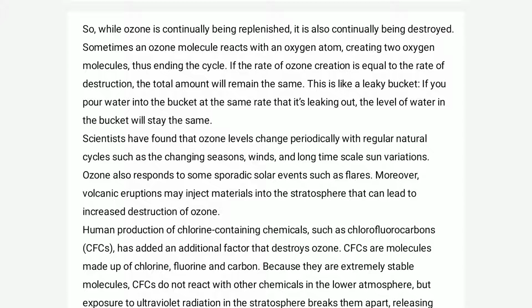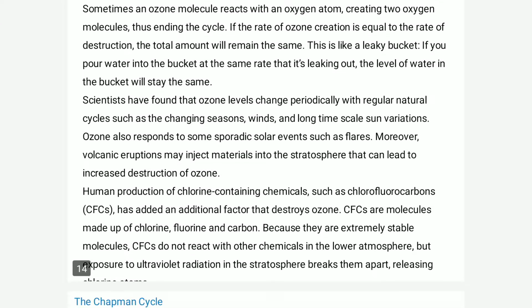Scientists have found that ozone levels change periodically with regular natural cycles such as changing seasons, winds, and long time scale sun variations. Ozone also responds to some sporadic solar events such as flares. Moreover, volcanic eruptions may inject materials into the stratosphere, which can then lead to increased destruction of ozone.